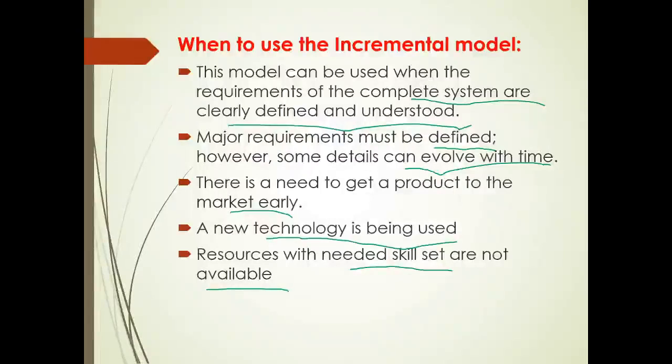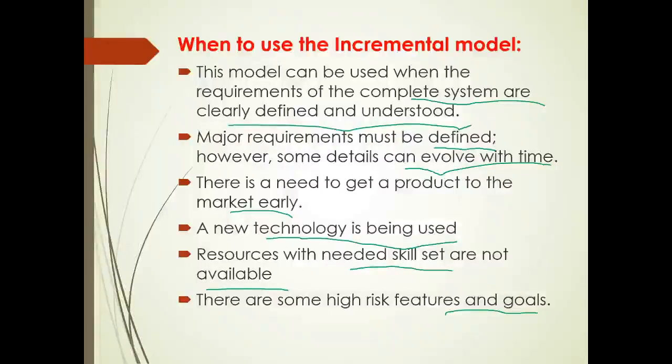And when there are some high-risk features and goals, meaning there is some risk involved in the software project, like some features which you think are very complicated and very difficult to fulfill, then you can go for this.